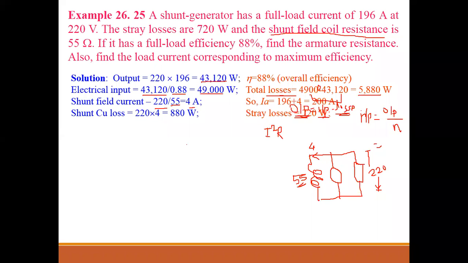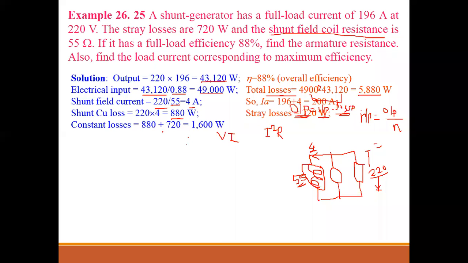So the shunt field coil has a voltage of 220 volt. So the total power dissipation in the shunt coil we can find out as V into I. V is 220, and I is the current flowing through the shunt coil, which is 4 ampere. So 4 into 220 will give us 880 watt.